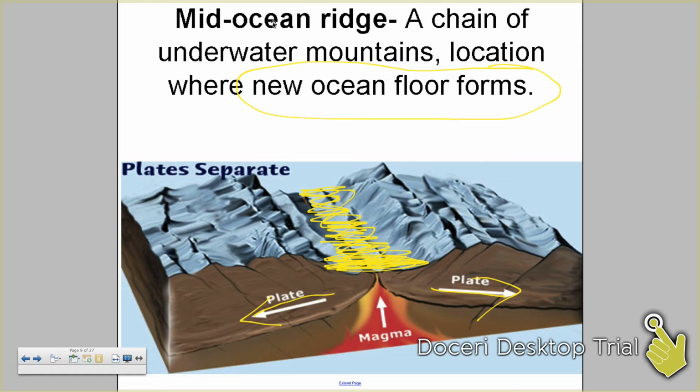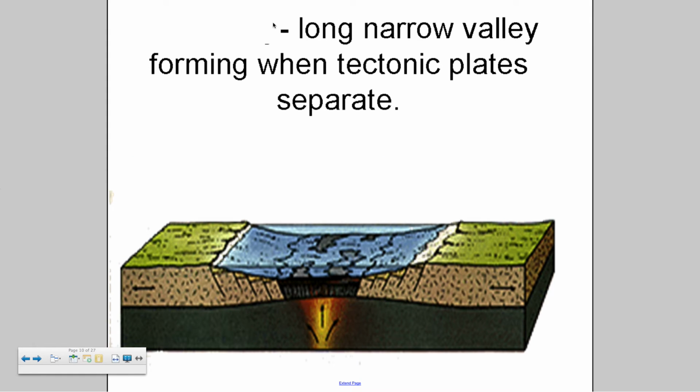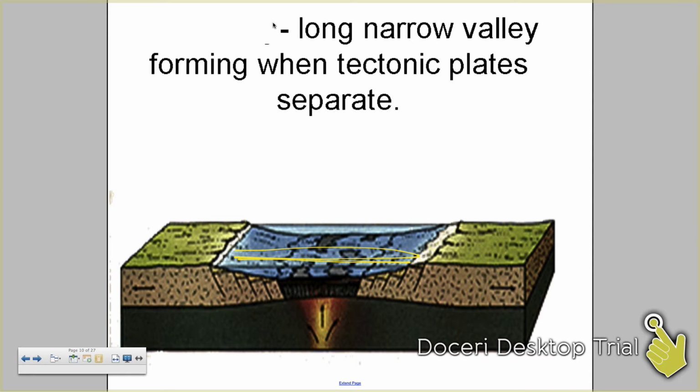And that new ocean floor that is forming is our next feature, which is here. Here you would have your mid-ocean ridges, and here you would have your new area.